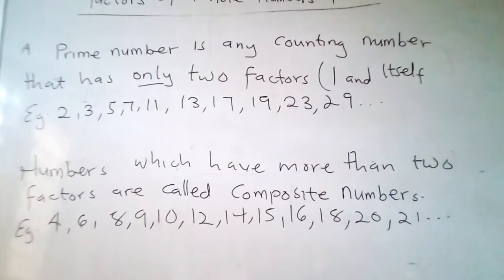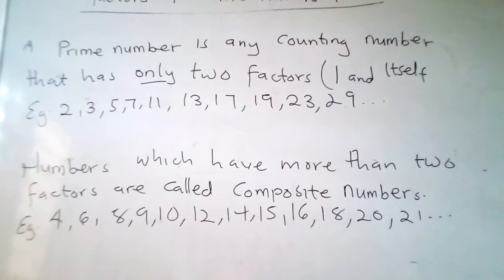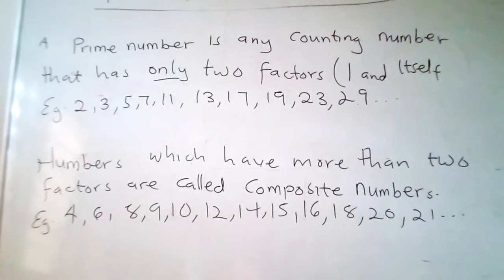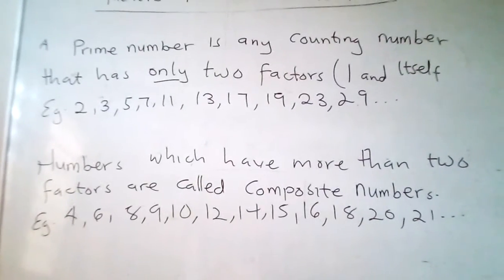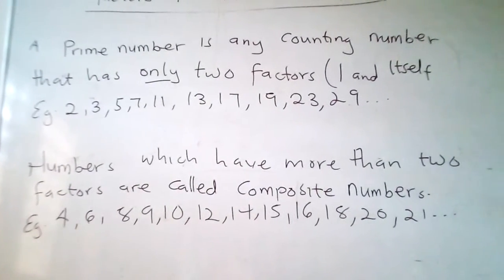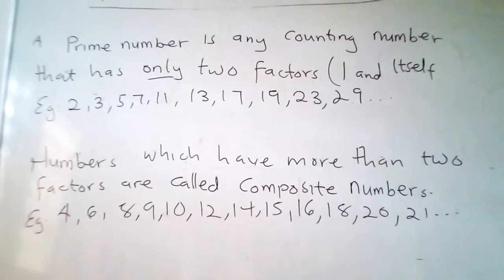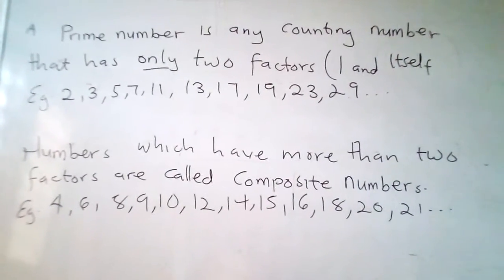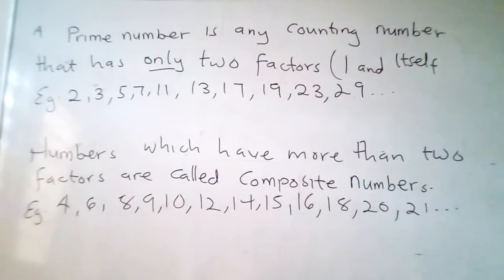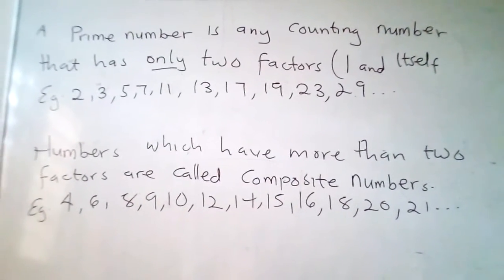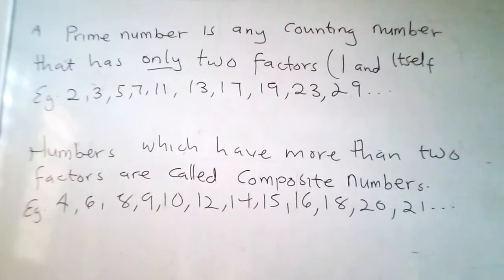If you find the factors of 2, they are 1 and 2, which is 1 and the number itself. Factors of 3 are 1 and 3, so it has only two factors. 5 has only two factors, 1 and 5. 7 has only two factors, 1 and 7.